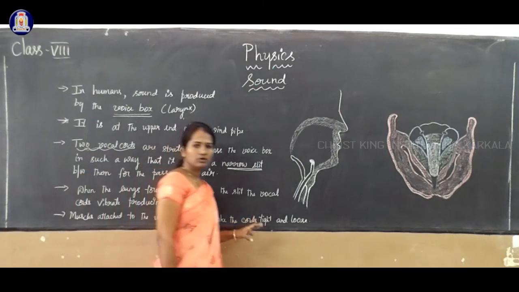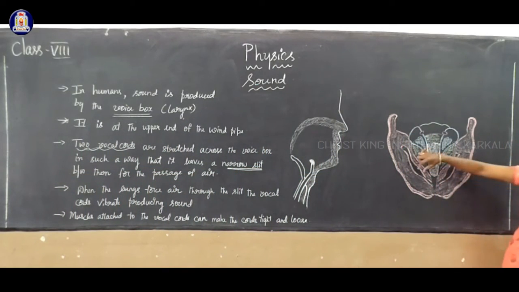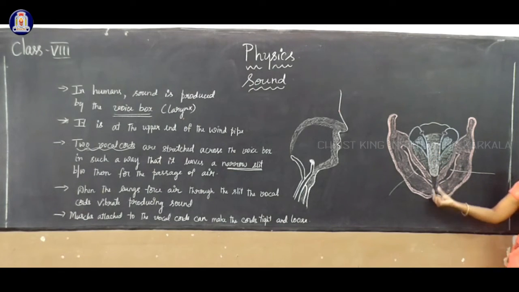If you see this figure, these two are called vocal cords, this one as well as this one. They leave a narrow gap for the passage of air.